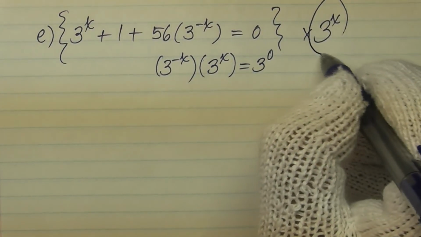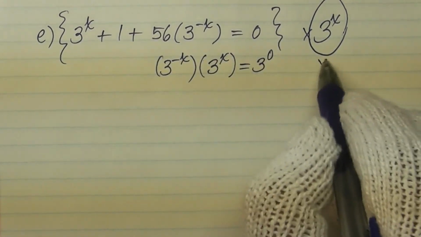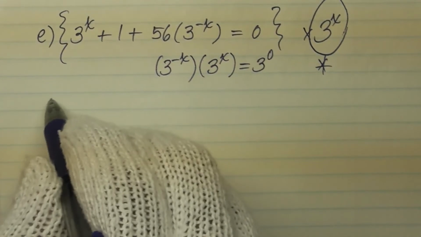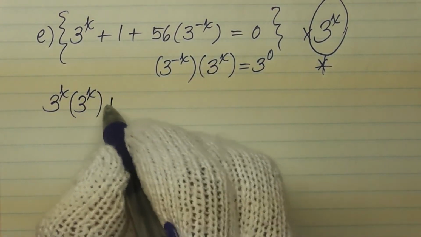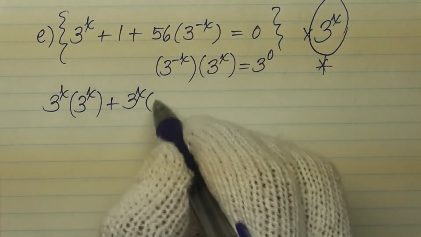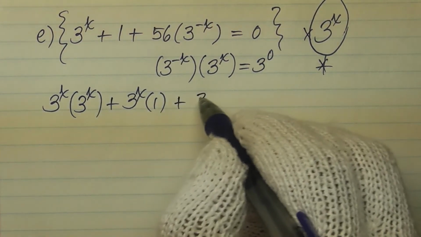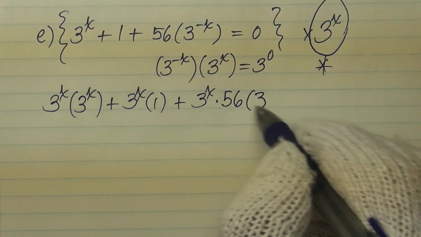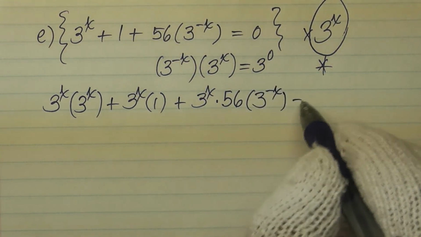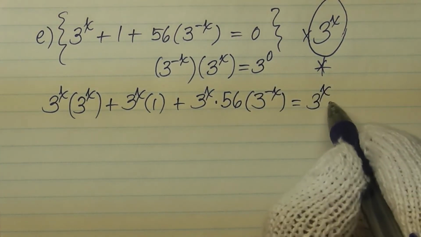Careful now, I'm multiplying by something. I'm going to point something out later on. So I've got 3 to the x multiplied by 3 to the x plus 3 to the x multiplied by 1 plus 3 to the x multiplied by 56 times 3 to the negative x. On the other side I've got 3 to the x times 0.